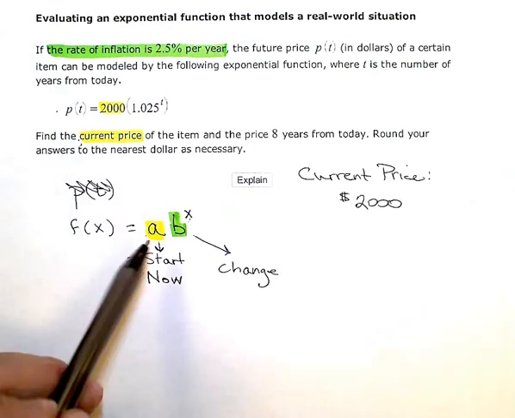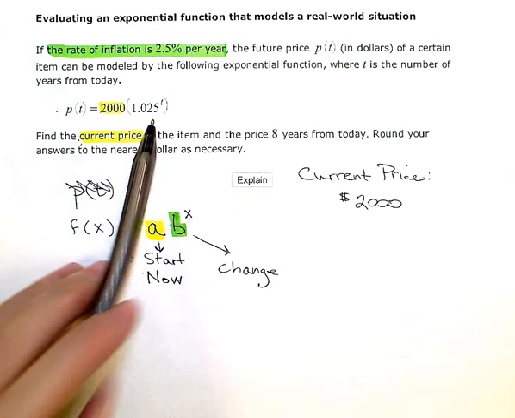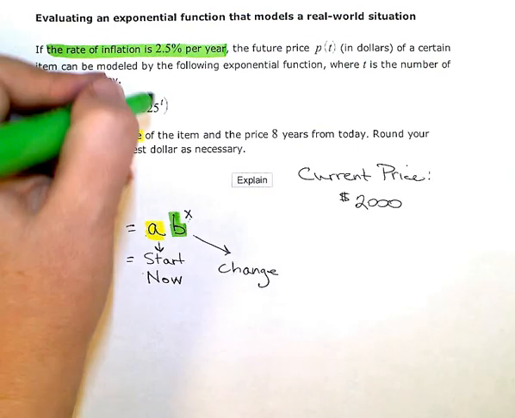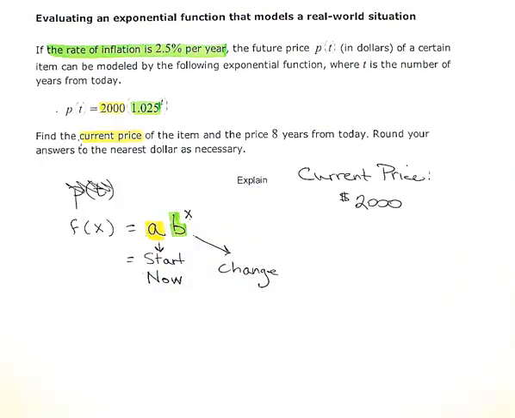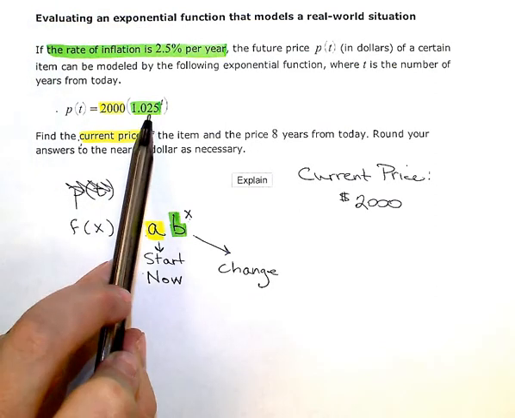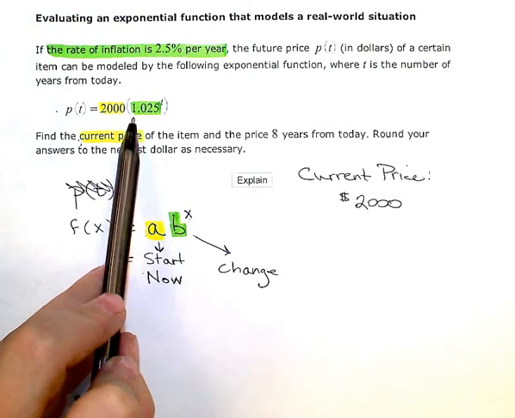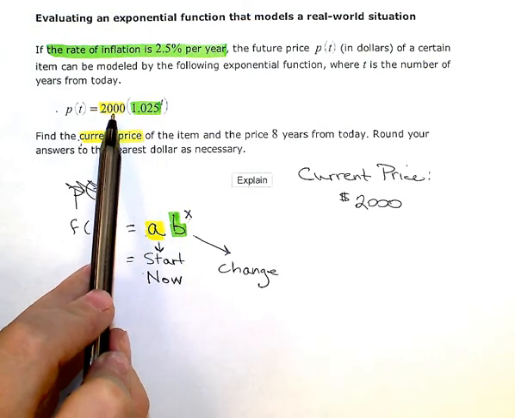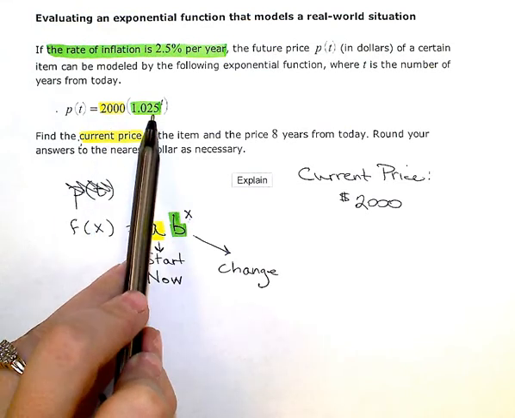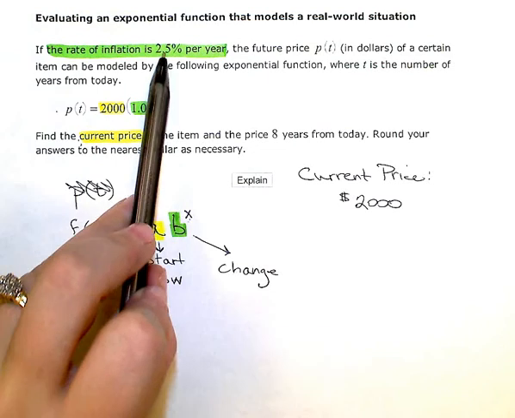Now, the change is modeled by this number right here. And this 2.5% that it's giving us in the problem, you can see that right here as the 0.025. So the 1 means we're keeping 100% of the value, okay, or the price, and we're adding another 2.5% to it, okay?